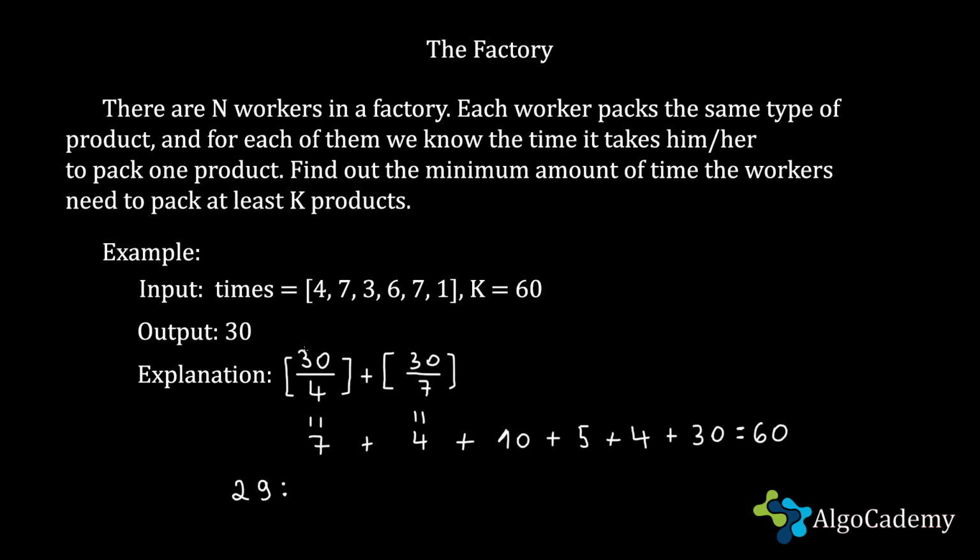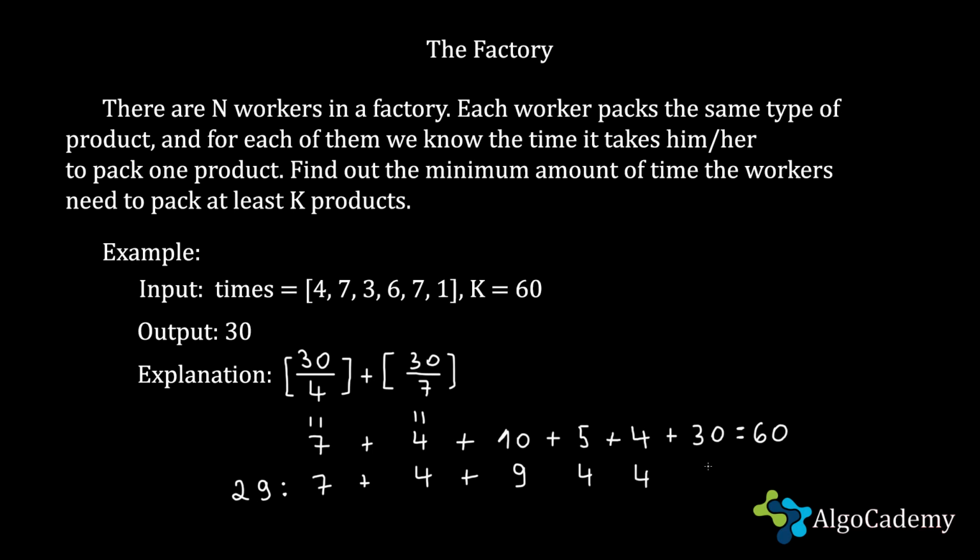Well, 29 divided by 4 in integer part is still 7. 29 divided by 7 in integer part is still 4. 29 divided by 3 in integer part is not 10 anymore, it is 9. Divided by 6 is not 5 anymore, it is 4. Divided by 7, still 4.